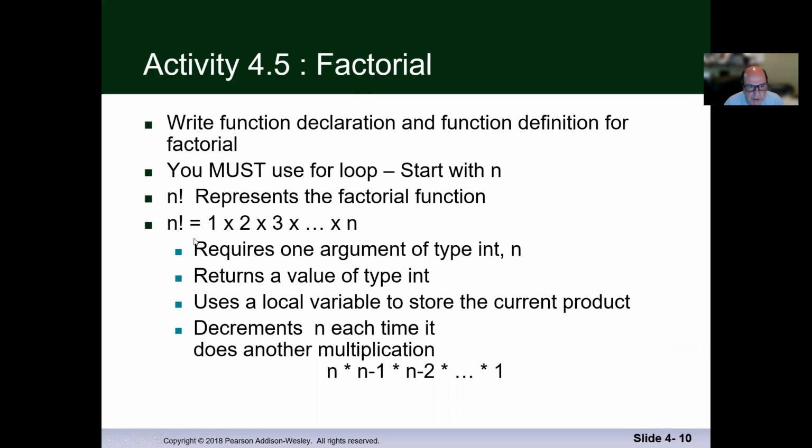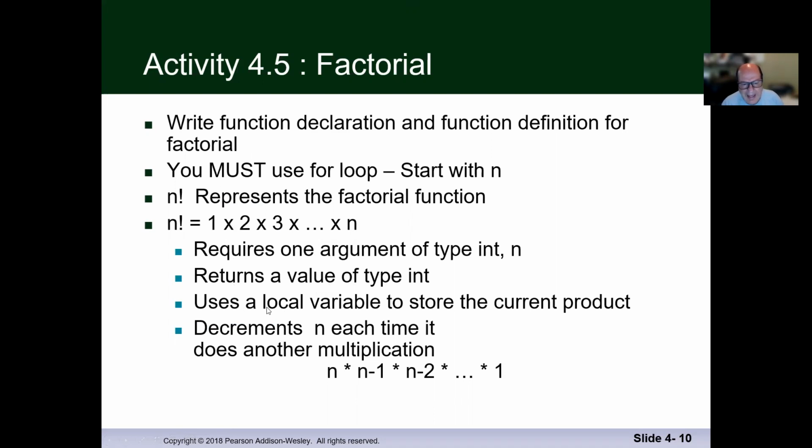Factorial of n is 1 times 2 times 3 times 4 up to n. So if it's 4, it's going to be 1 times 2 times 3 times 4. When we want to write a function to do factorial, we're going to have one argument, the n, come to my function, and then, of course, it's going to return the factorial value.